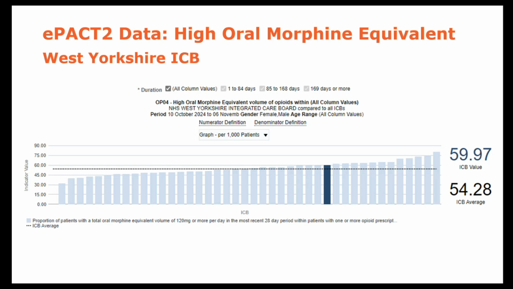And the data presented in these graphs is per 1,000 patients. In the dark blue column, you can see this is where West Yorkshire are currently. It's the most up-to-date data available within EPACT2. And as you can see, that is slightly above the national average across the ICBs, probably sitting slightly more towards the top end of that graph.